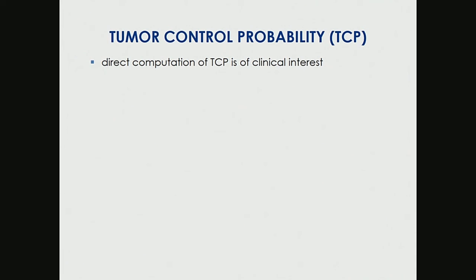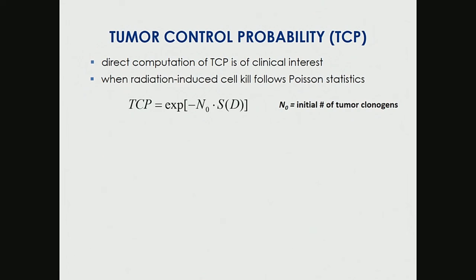I have 1 minute left, so I'm going to go through several slides very quickly. So far, we talked about using cell survival as a surrogate. Ideally, you want to relate this directly to, say, tumor control or normal tissue complication.